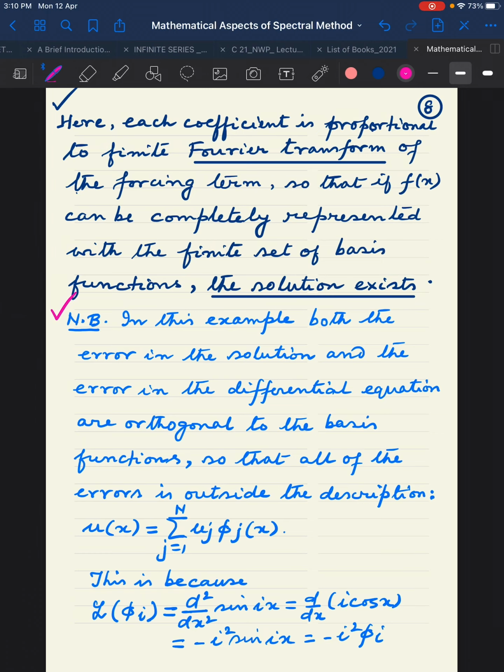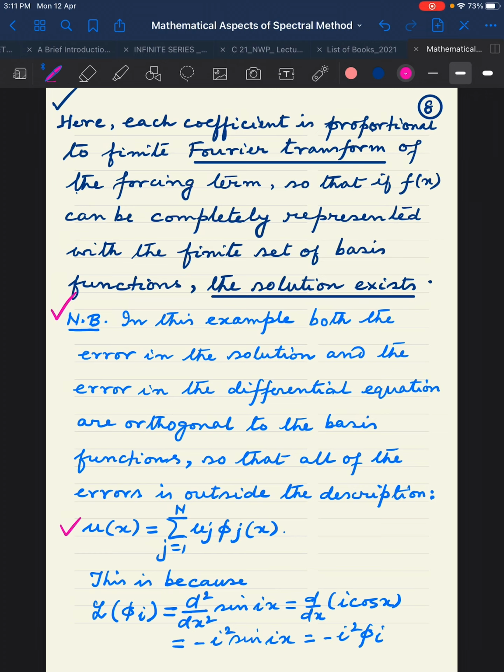I think you have noticed here I have used the sign of equality instead of approximately equal. I have used the sign of equality instead of the sign of approximation because in this particular example the error in the solution and the error in the differential equation are orthogonal to the basis functions.